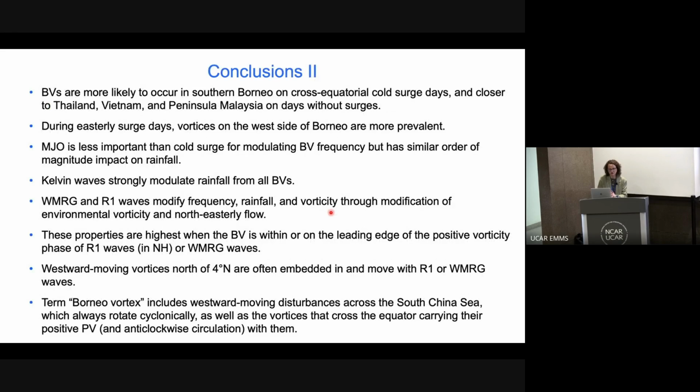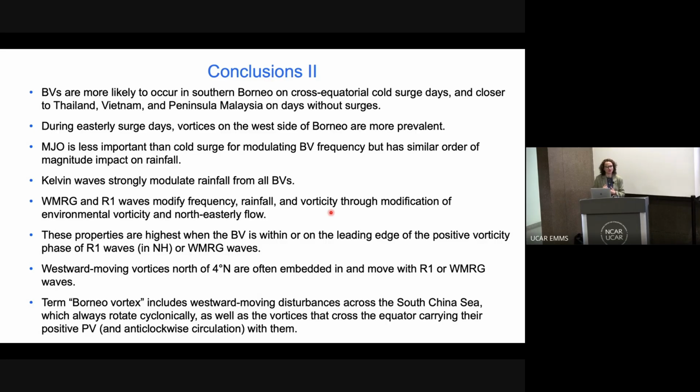Then the climatological work on the Borneo vortex tracks showed us that Borneo vortices are more likely to occur on days where we have strong cold surges, and if we have weak cold surges, they're more likely to move in an east-westward direction through the South China Sea and can affect Thailand and Vietnam as well.